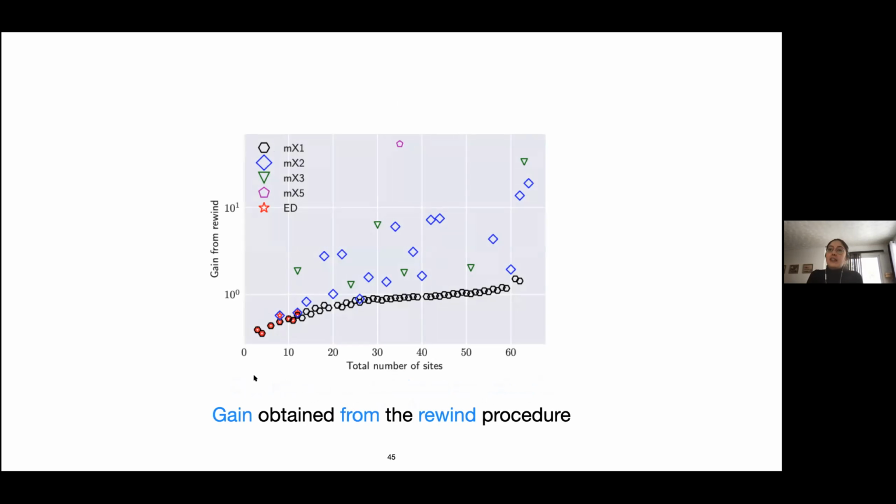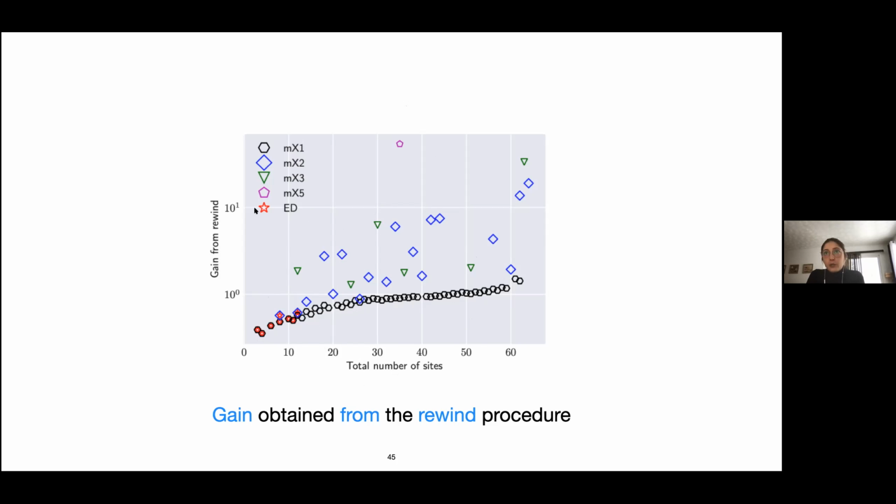In this graph, we have on the horizontal axis the total number of sites of the U-bar model. Recall that we're trying to find the ground state of the U-bar model. The different shapes and colors represent the different shapes of your lattice. For example, in black you have the 1D chain, and you have the ladder in blue, a depth 2 lattice, and you have depth 3 and depth 5.